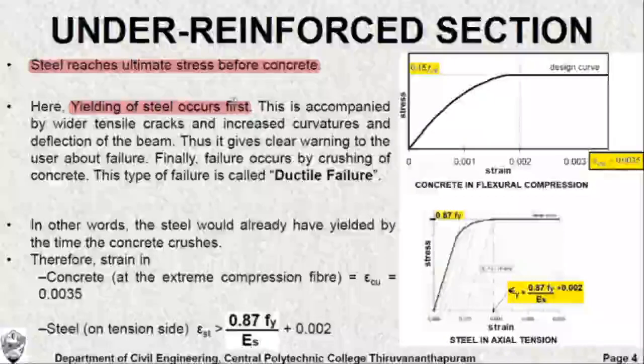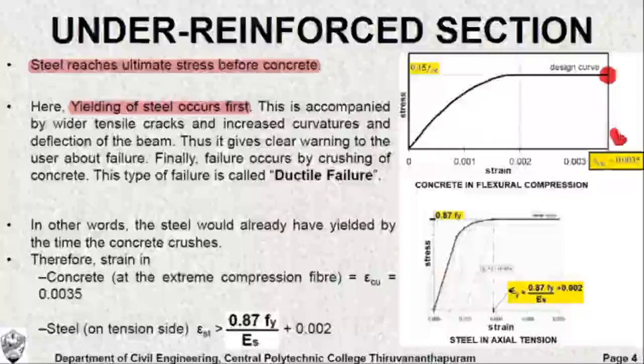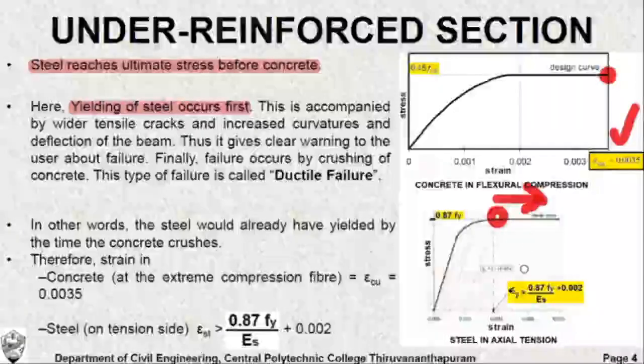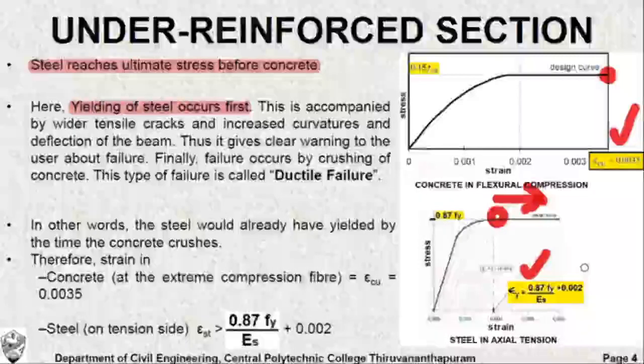So in other terms we can say when concrete reaches the ultimate compressive strain of 0.0035, the steel might have yielded already. That is, the strain in steel must have exceeded this value. The strain in steel has exceeded this value 0.87 Fy by Es plus 0.002.